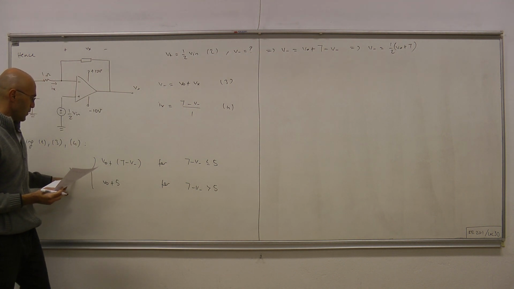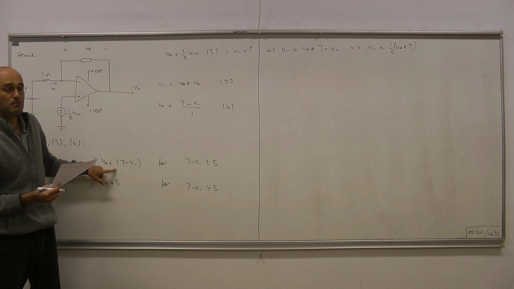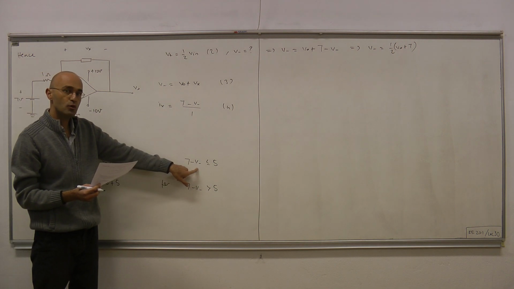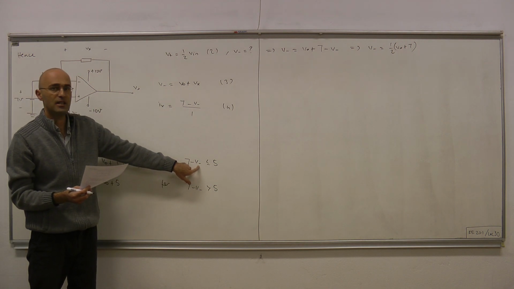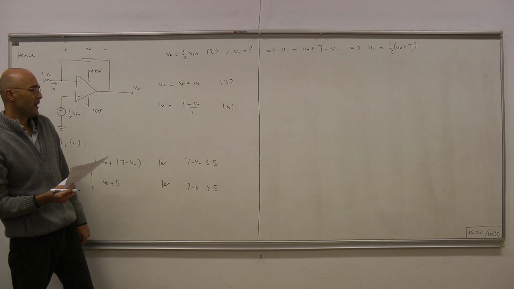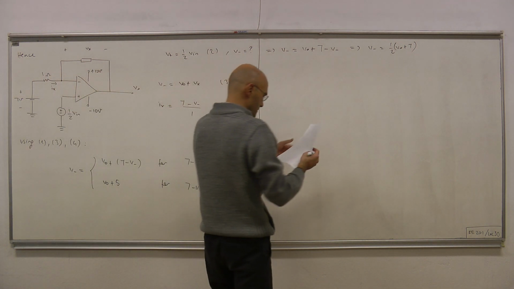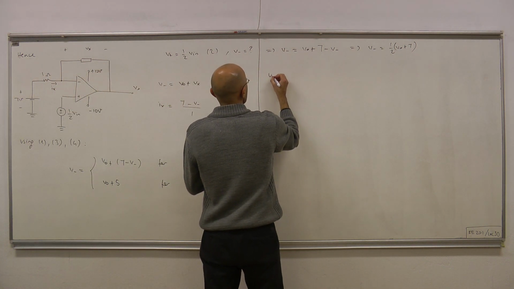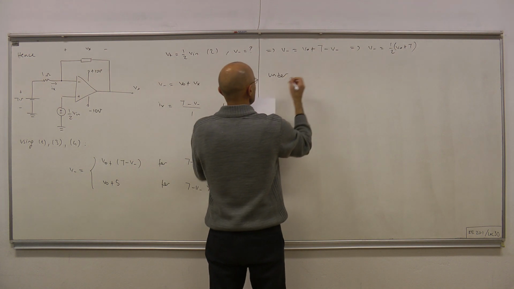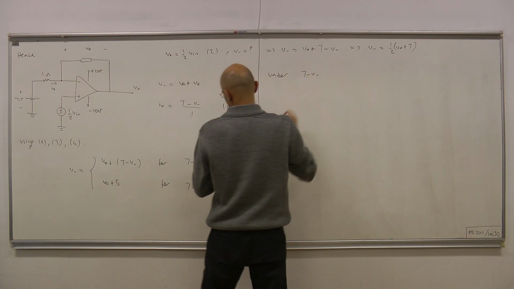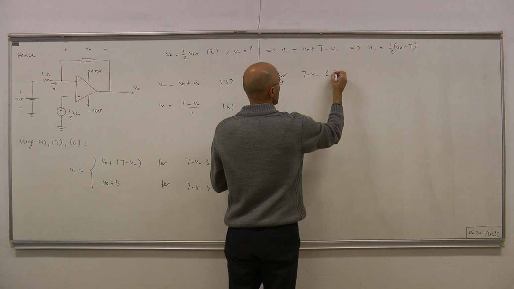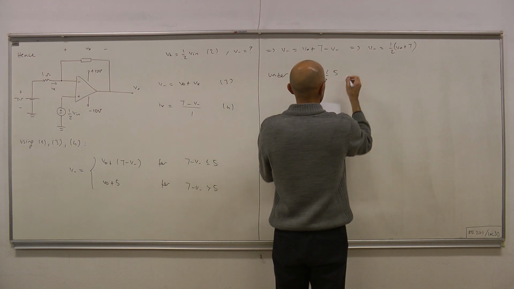So that's what this expression tells us. Also, we have to translate the condition into an expression in terms of V out. So let's do that. This is valid under 7 minus V minus less than or equal to 5.